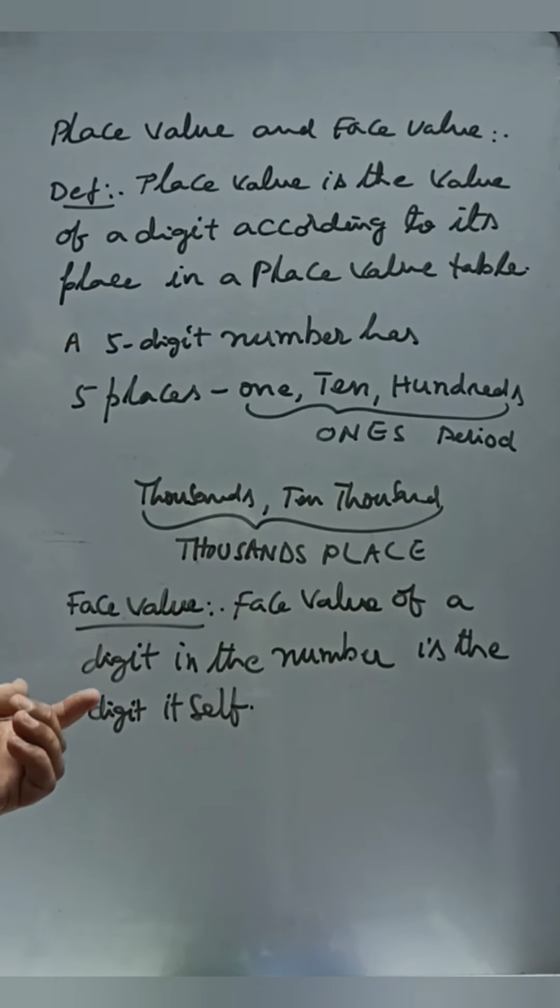We will try to understand place value and face value with the help of an example. So we have learned the definitions. What is meant by place value? Place value is the value of the digit according to its place in the place value table.